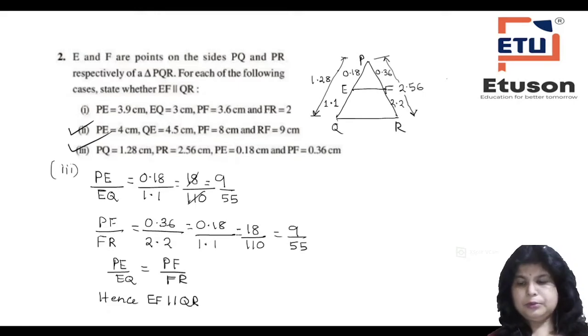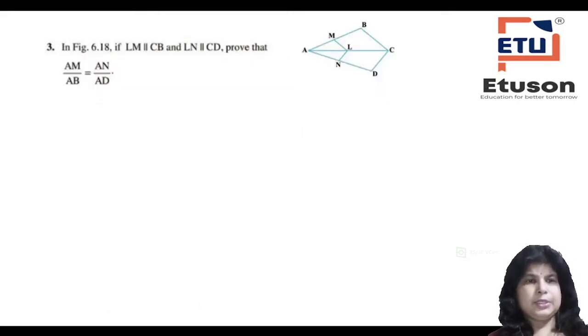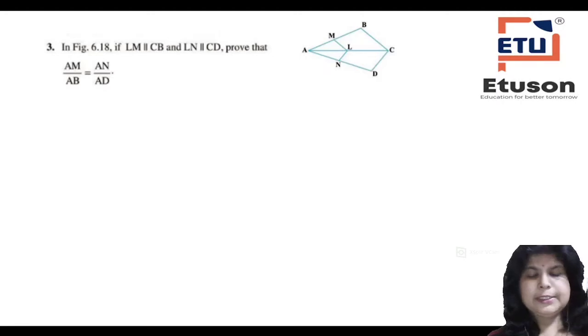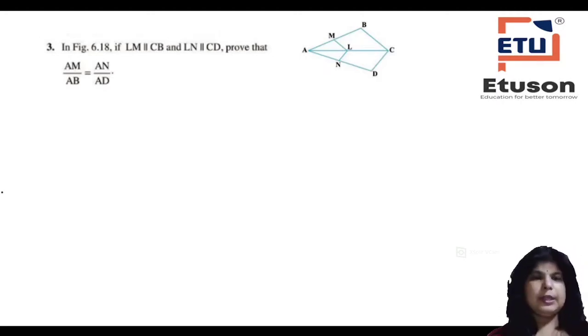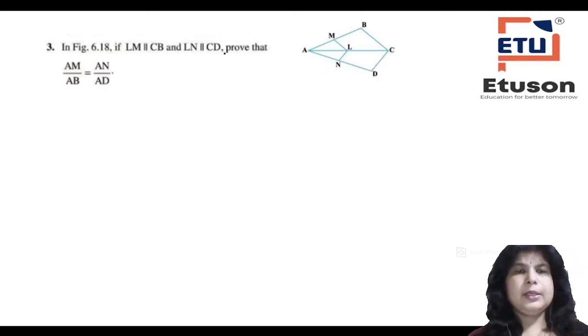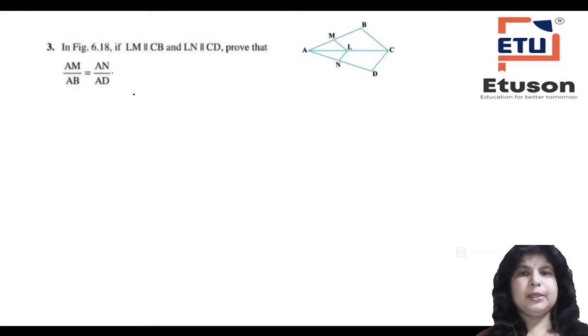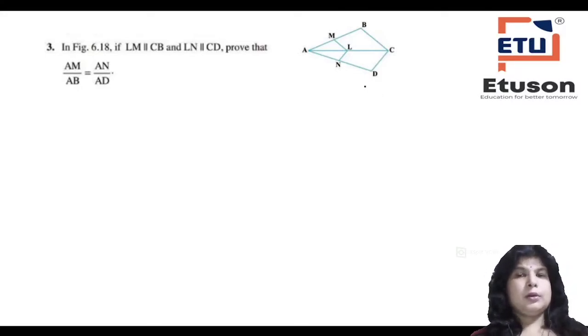Now let us go to the next question. In figure 6.18, if LM is parallel to CB and LN is parallel to CD, prove that AM by AB is equal to AN by AD. Okay. So how we are going to do that? So you have triangle ABC.